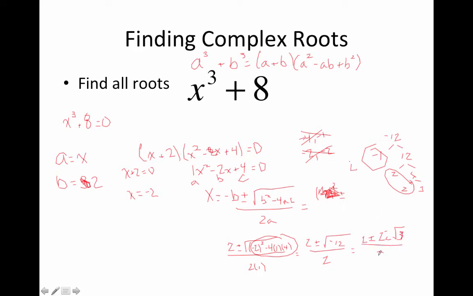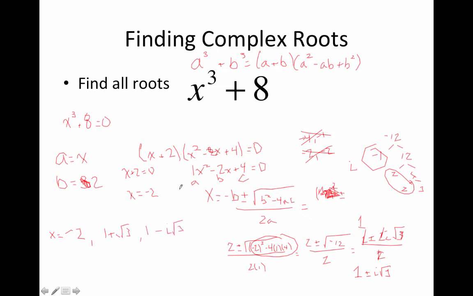And then we'll put all that over 2. All of these 2's will cancel. So now I get 1 plus or minus i root 3. So 3 solutions still. The 3 solutions are negative 2, 1 plus i root 3, and 1 minus i root 3.